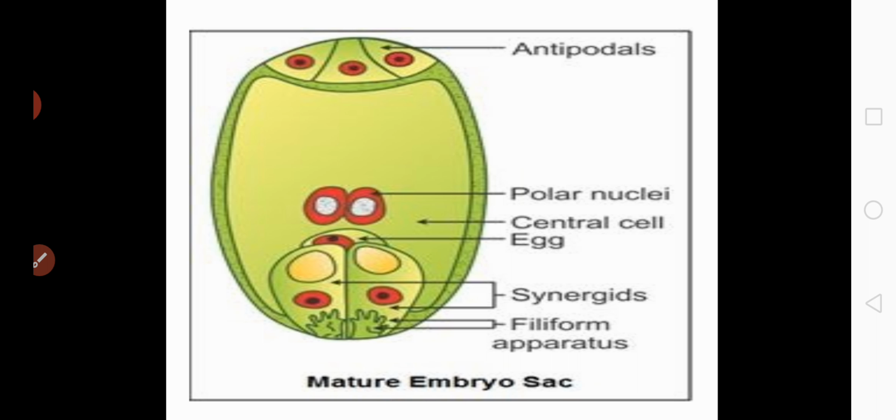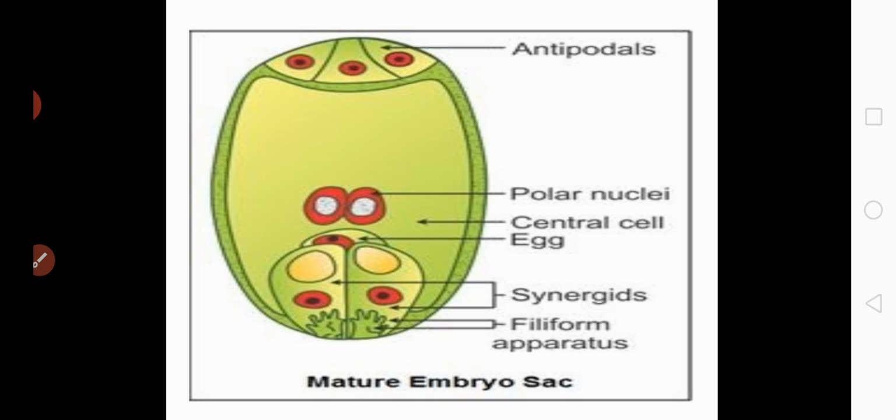And this megaspore mother cell is diploid. Now, the megaspore mother cell undergoes meiosis. As a result of this, 4 megaspores are formed. And this process of formation of megaspores from the megaspore mother cell through meiosis is called megasporogenesis.